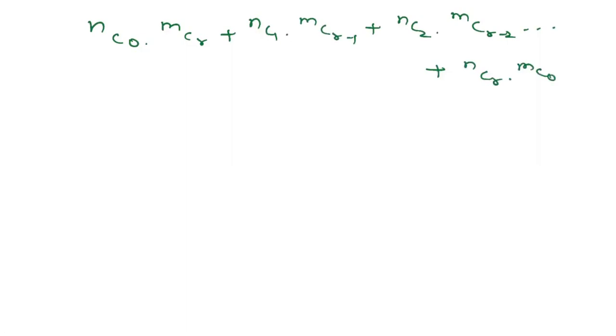You know this: NC0 MCR plus NC1 MC(R minus 1) plus NC2 MC(R minus 2) and so on up to the last term NCR MC0. If you remember, the summation of this is nothing but (N plus M)CR.